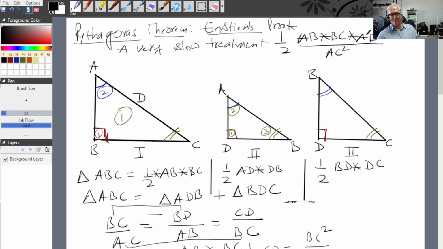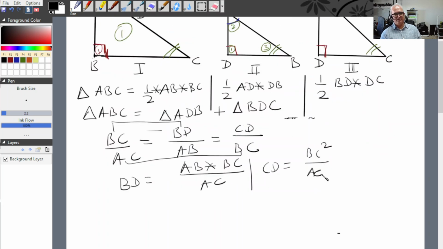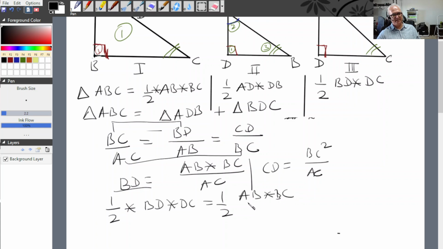This is the beauty of symmetry. So area of the third triangle was half BD multiplied by DC. So BD is here, half AB multiplied by BC divided by AC, and CD is BC square divided by AC.